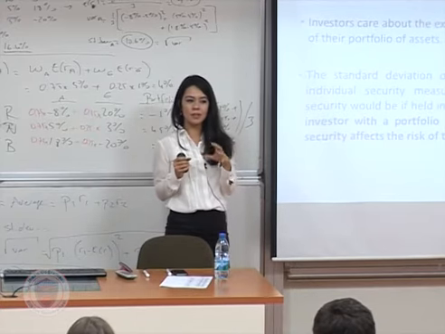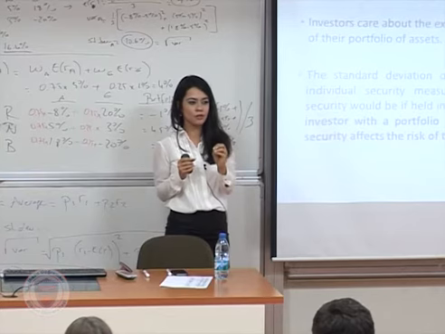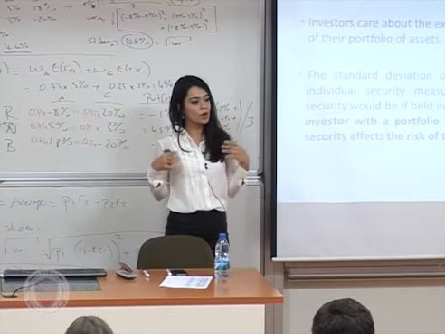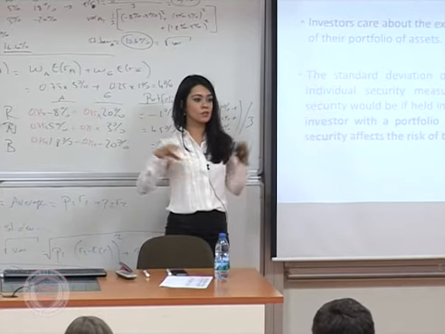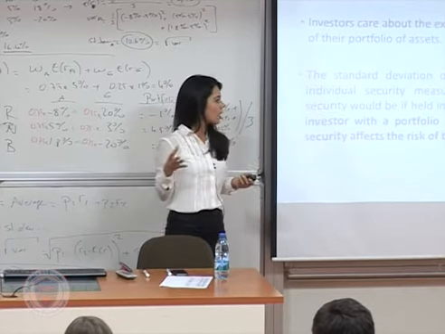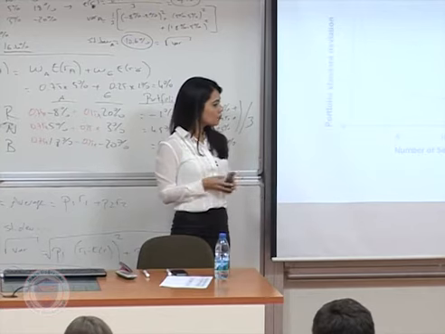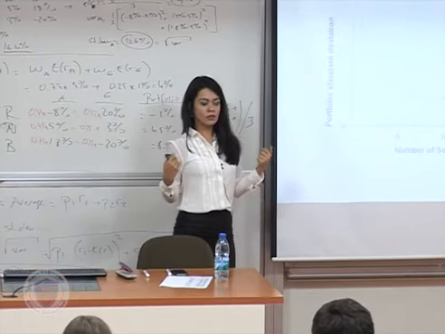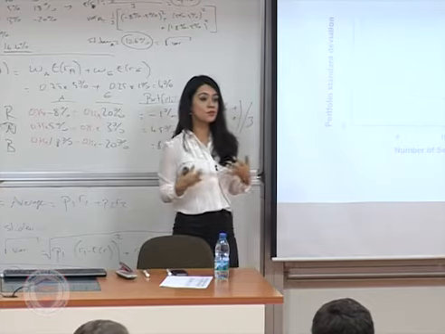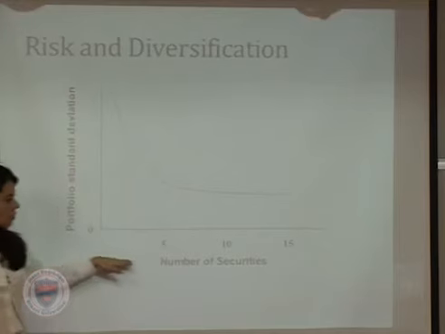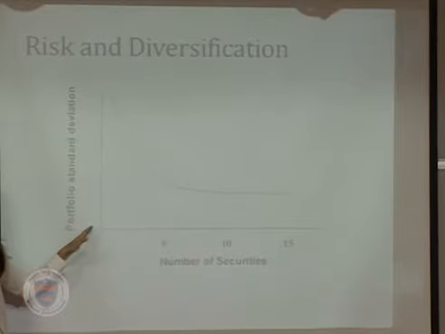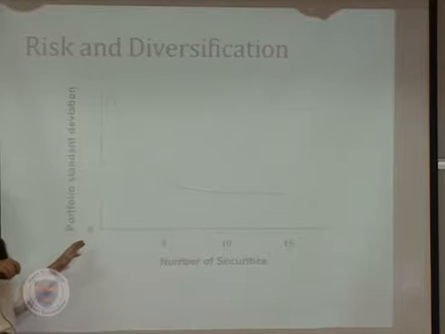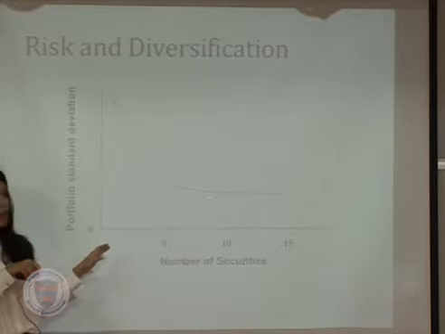You don't care that much about the individual standard deviation of the stocks, but you care more about how that stock will affect the riskiness of your overall portfolio. And the more assets you have in your portfolio, the less risk you will have. This is the number of securities in your portfolio, and this is the portfolio standard deviation. As you can see, as you add more and more stocks, you reduce the riskiness of your portfolio up to some level.